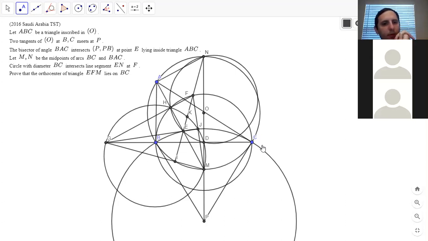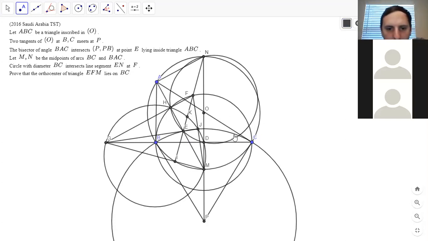It feels like it might be worth redefining a couple things in the figure. Just thinking about the best way to do it. Because E lies on the circle, does that give us any angles?